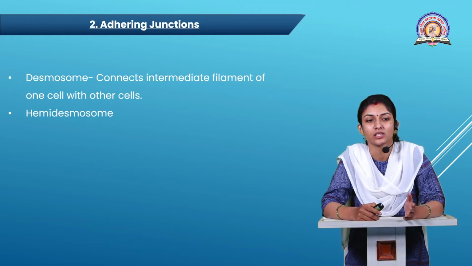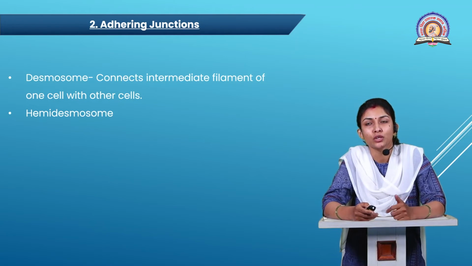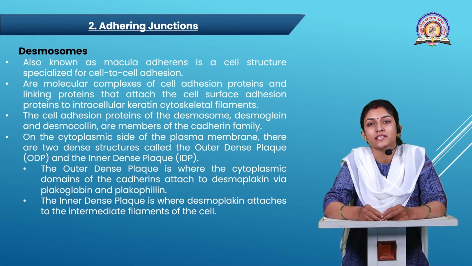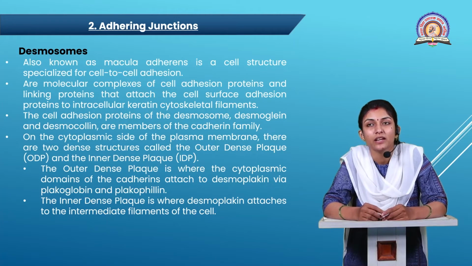Now, adhering junction includes two types, desmosome and hemidesmosomes, which connect the intermediate filament of one cell to another cell. Adhering junction involves cell to cell communication by connection of intermediate filaments. Desmosome, also known as macula adherens, is a cell structure specialized for cell to cell adhesion.